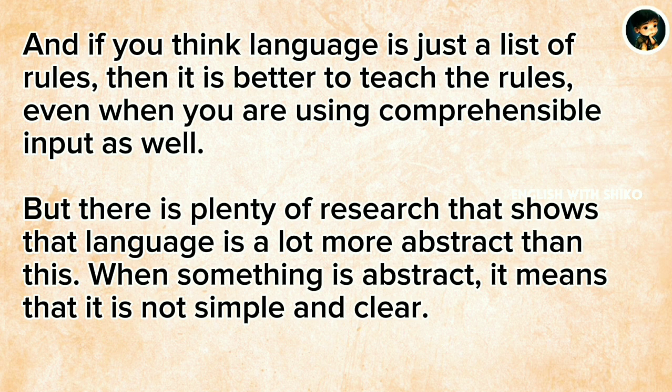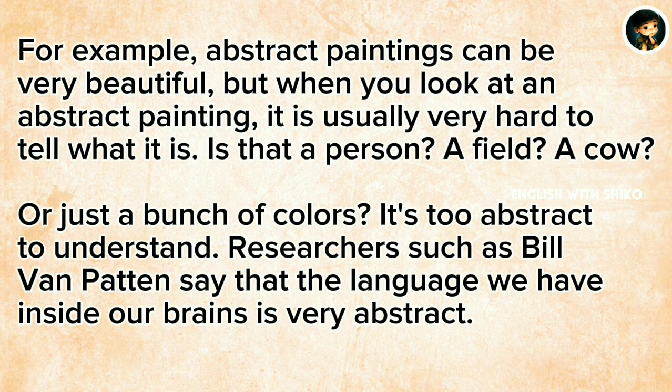But there is plenty of research that shows that language is a lot more abstract than this. When something is abstract, it means that it is not simple and clear. For example, abstract paintings can be very beautiful, but when you look at an abstract painting, it is usually very hard to tell what it is. Is that a person, a field, a cow, or just a bunch of colors? It's too abstract to understand.